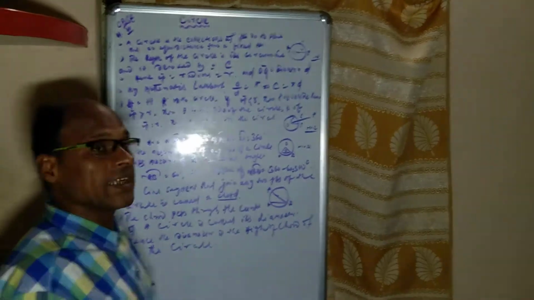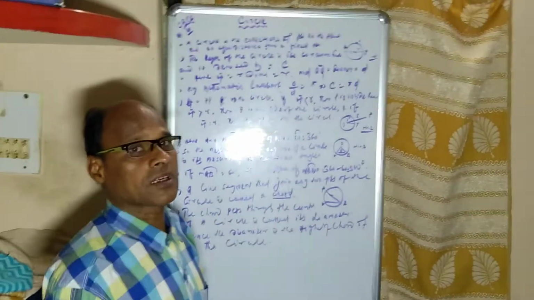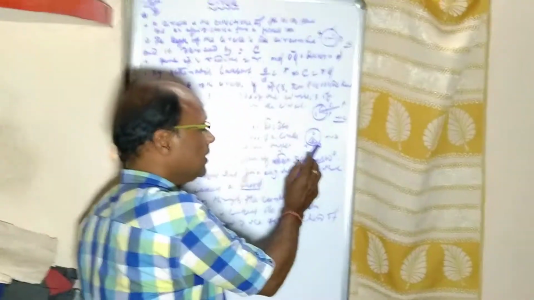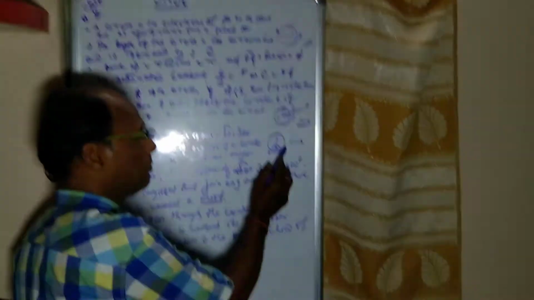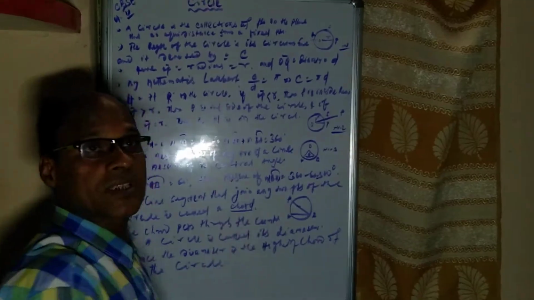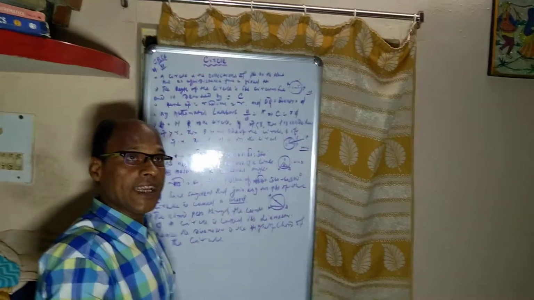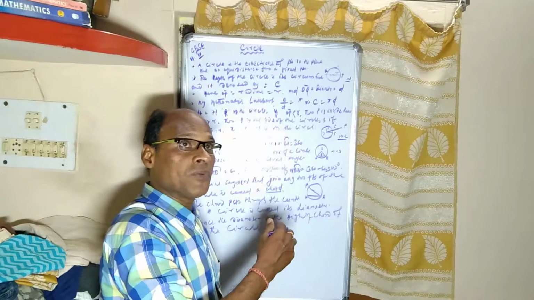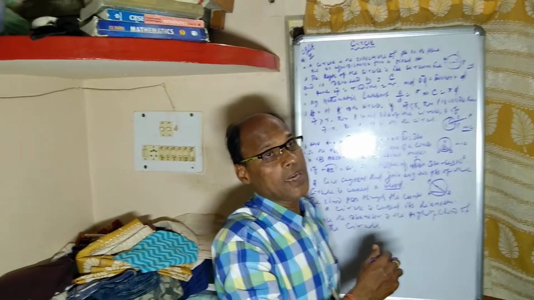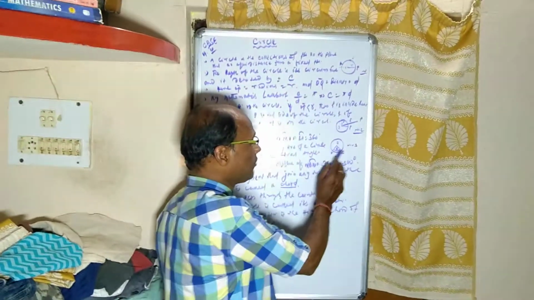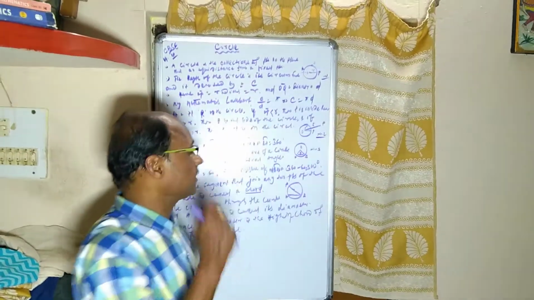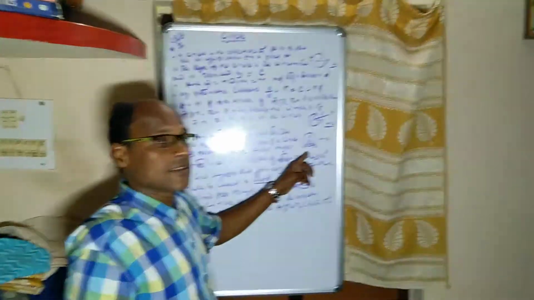Now, we read something about arcs. Here, AB is an arc of the circle, and BA is another arc of the circle. A circle is made by the addition of so many arcs. Here AB and BA are the two arcs.